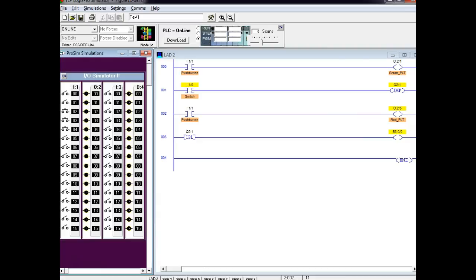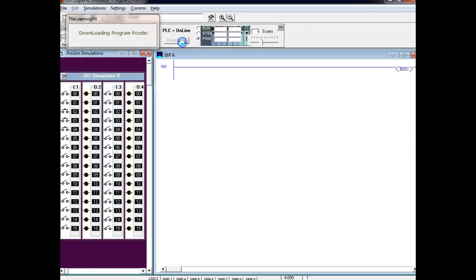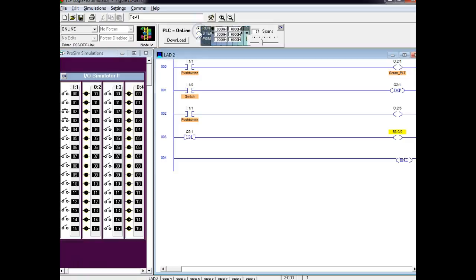So here we go. What do we need to do? We've got it in program. We'll download it and put it up here. This is one right here. Okay, so it's doing what now? Yeah, it's scanning everything, right?